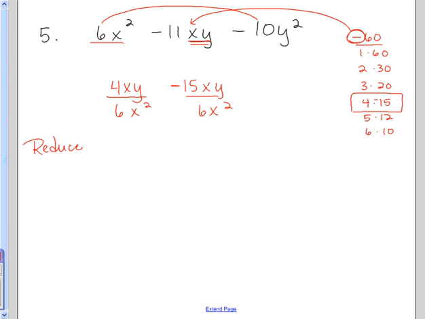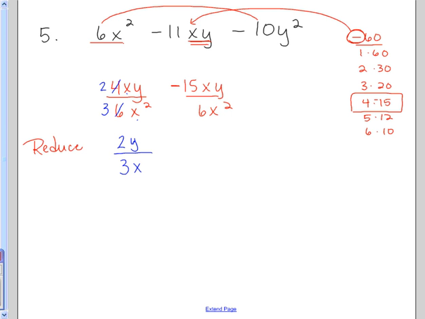Okay, if I reduce, 2 will go into 4 2 times, 2 will go into 6 3 times, and then I can also divide out my x's, so I would have 2 over 3, x over x squared would be x in the denominator, and this y would still be in the numerator.